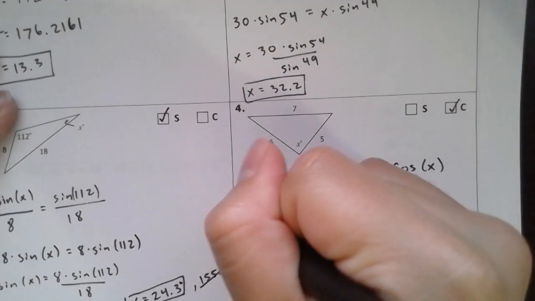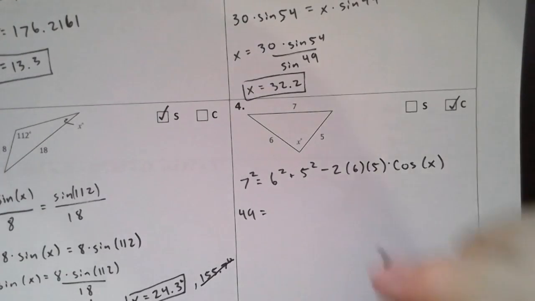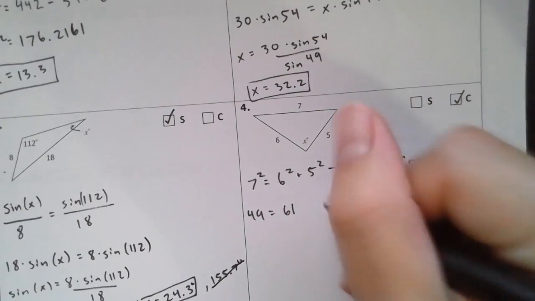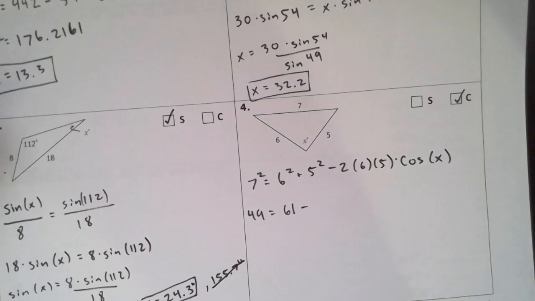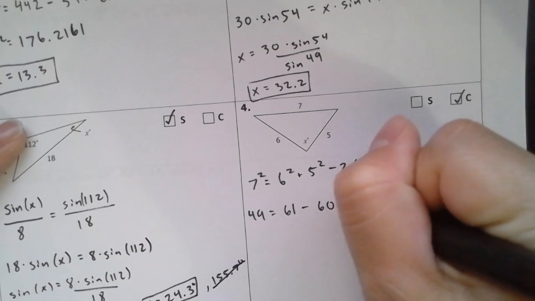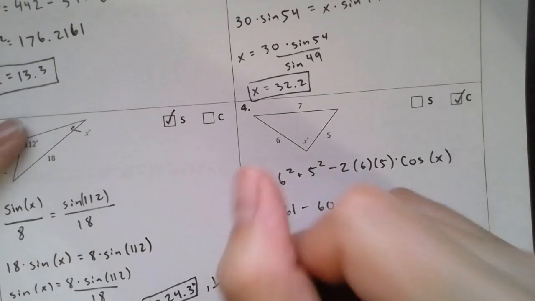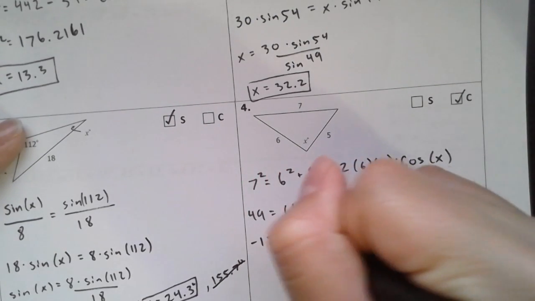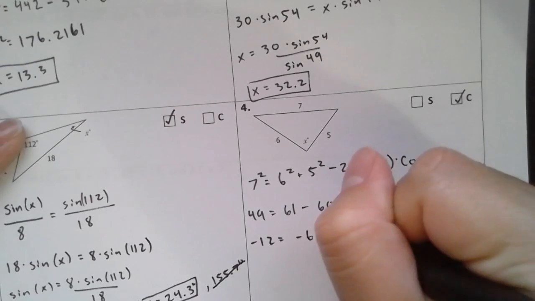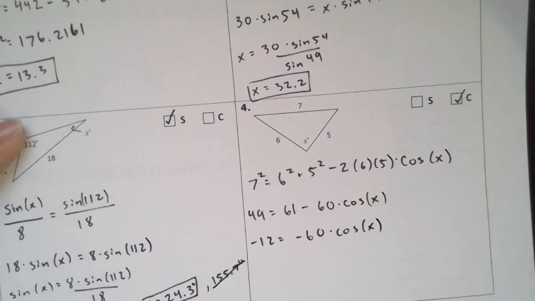So I get 49 is equal to 25 plus 36, you get 61, minus 6 times 5 times 2, you get 60 times cosine of x. Subtract, you're going to get negative 12 is equal to negative 60 times cosine of x.